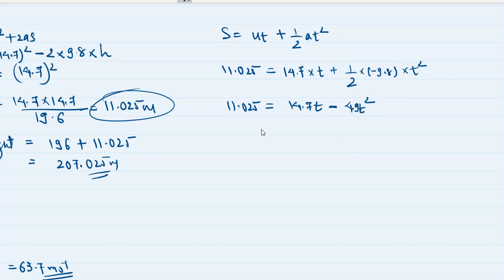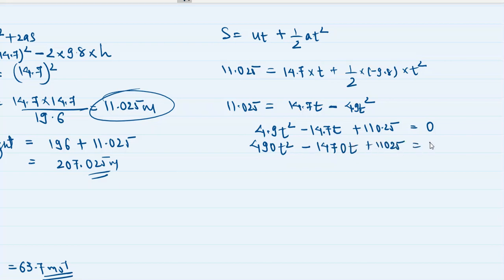So this will be 4.9 t square minus 14.7 t plus 11.025 is equal to 0. Now this looks like a very complicated equation, but nonetheless it's a quadratic equation. To get rid of all the decimal points, you can multiply both sides by 100. So it will become 490 t square minus 1470 t plus 1102.5 is equal to 0.